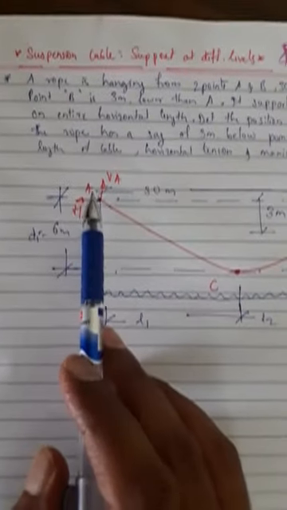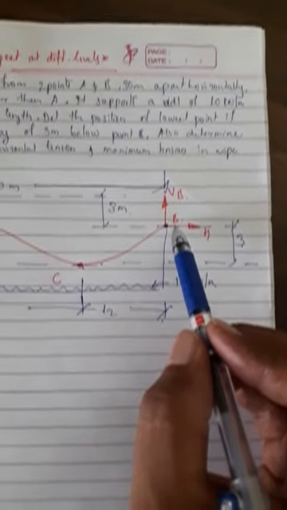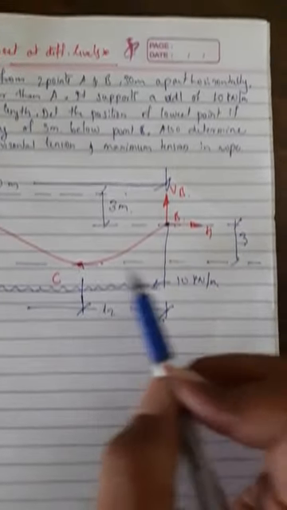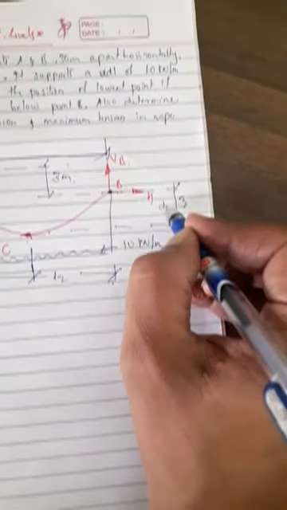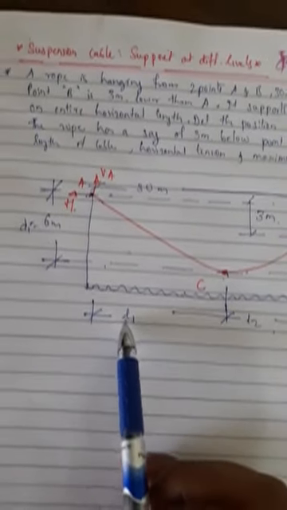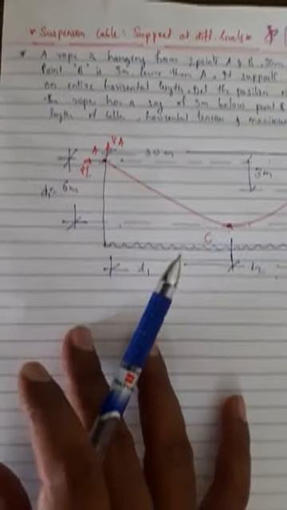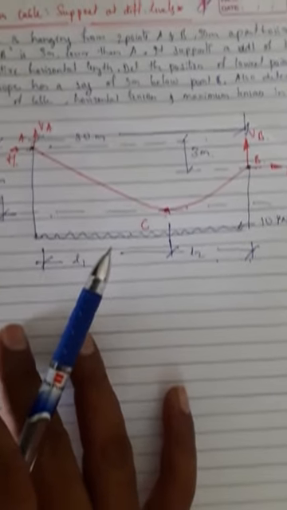So D1 is measured from A to the lowest point. Similarly, D2 is measured from point B or point 2 to the lowest point. Corresponding to D2 is L2. Corresponding to D1 is L1. So I have a relation between D1 and D2. So these are the forces.